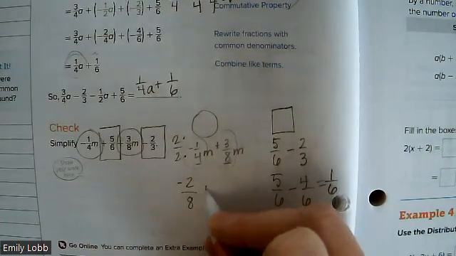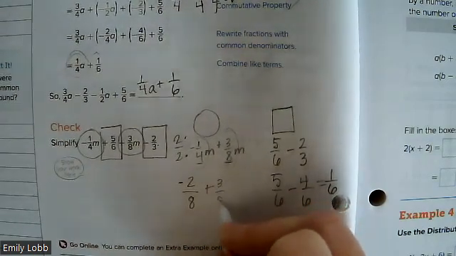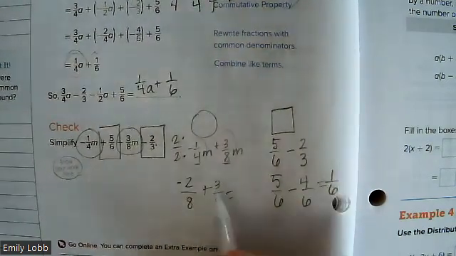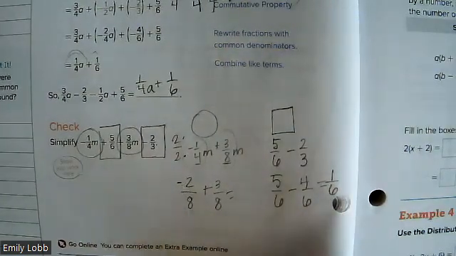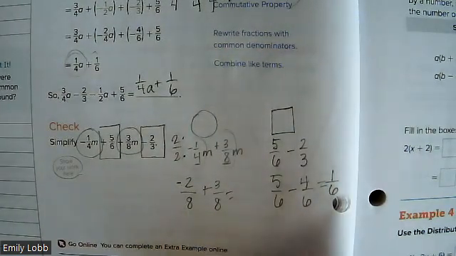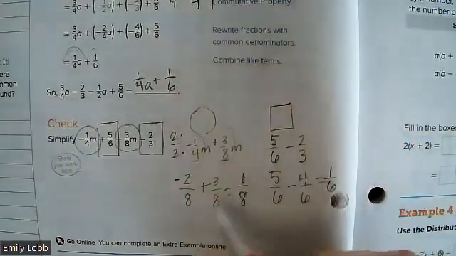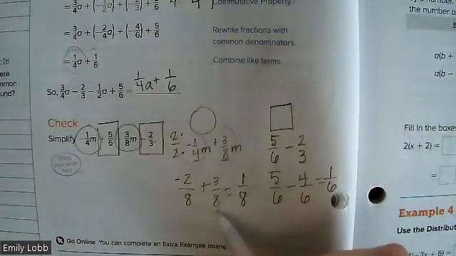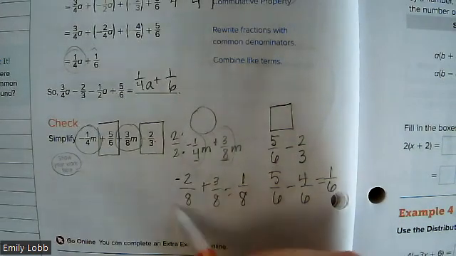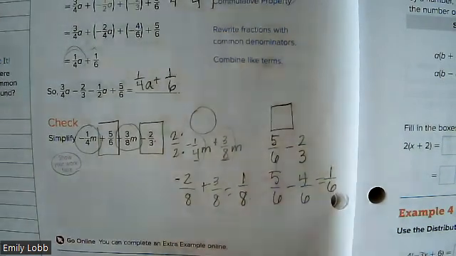So negative 2 eighths plus 3 eighths is equal to what? 1/8, excellent. You think you have 3 positive eighths, and 2 of them match up with these to make 0, you have 1 left.